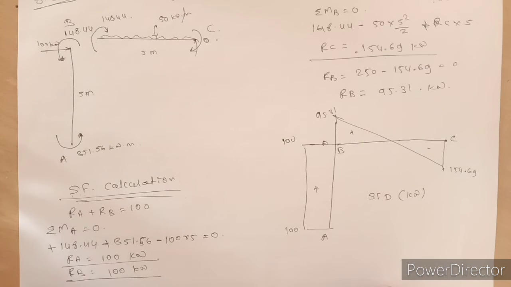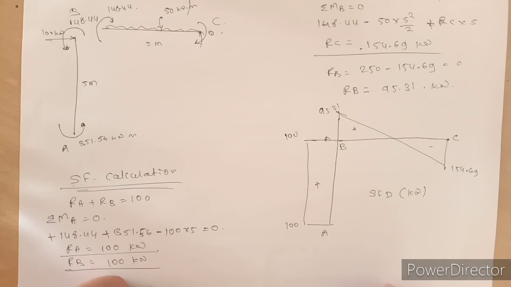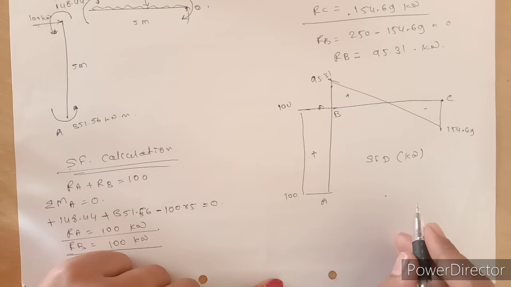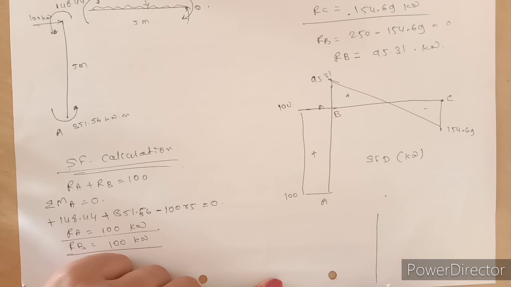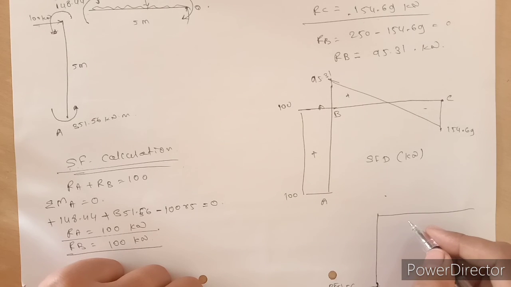Then after that, draw the bending moment diagram. Put in the end moment values. First, the end moment at member AB is 351.56. Then the end moment at member BA is 148.44, so the diagram is like that.